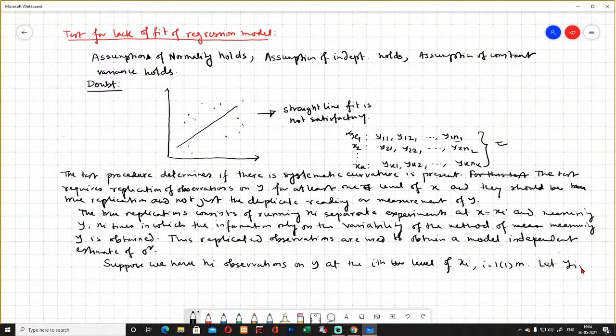Let yij be the jth observation on y at xi, where n is the total number of observations, so it should be i from 1 to m, sum of ni is the total number of observations.